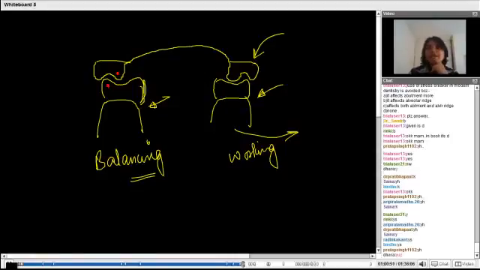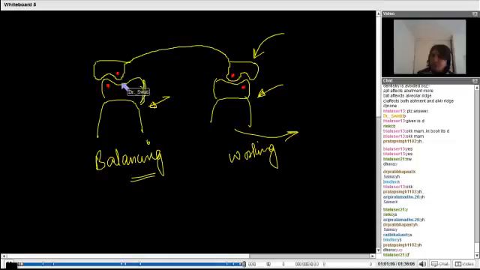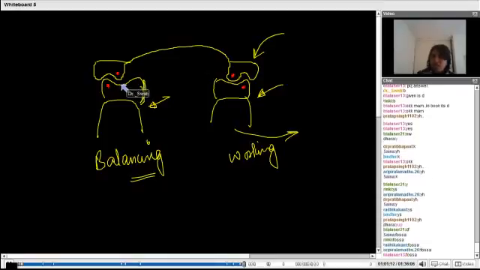So I have made the functional cusp as red dots over here. Okay, we are talking about the maxillary functional cusp, isn't it? Now it says it is high in centric. Where does it contact in centric? Where does your functional cusp contact the mandible in centric occlusion? In this fossa, isn't it? In this fossa.